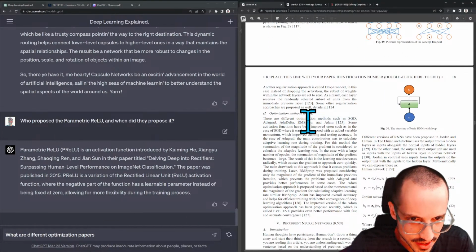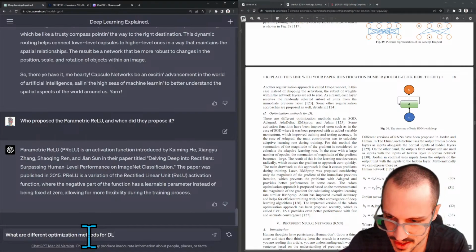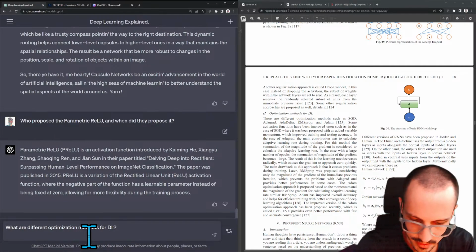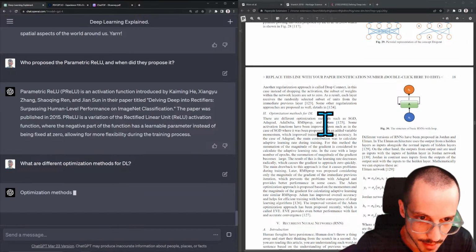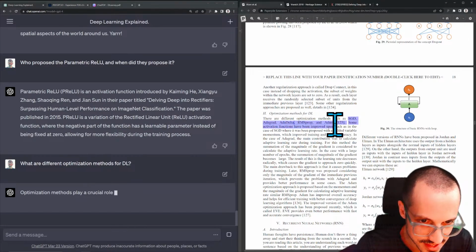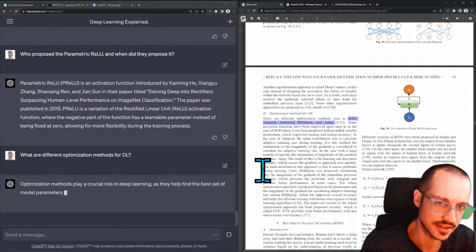Yeah, so I'm going to ask it what are different optimization methods for DL. And GPT-4 does not know this paper, so it's probably not going to give us this exact set of 5 here. It's probably not going to give us SGD, AdaGrad, AdaDelta, RMSProp, and Adam.